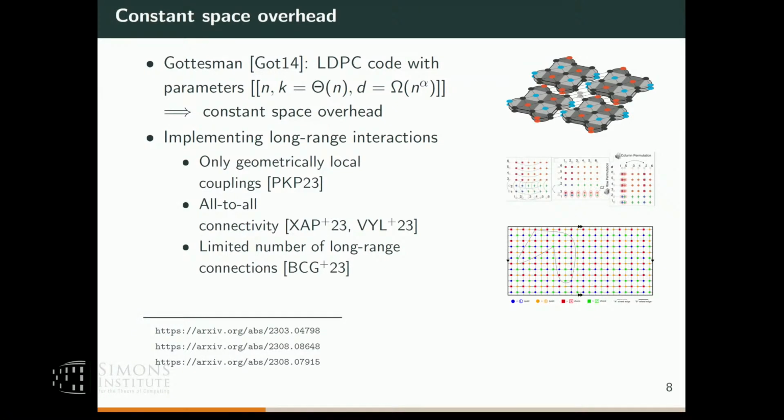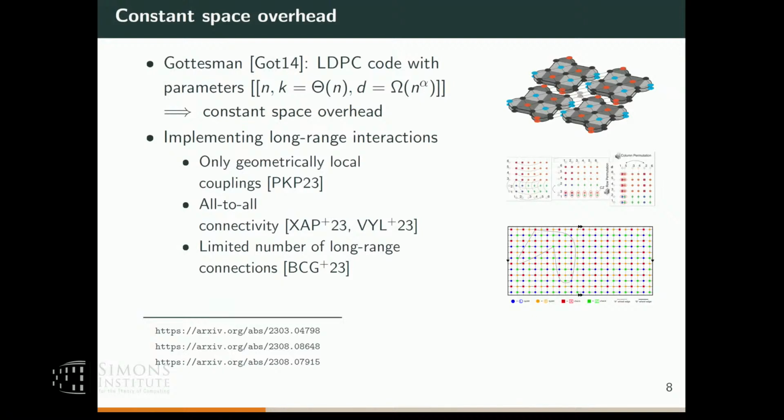But if you have a better scenario with all-to-all connectivity, such as when you can move atoms around, then there are also proposals for how you might measure stabilizers in these LDPC codes. And if you can have a limited number of long-range connections, that was also described in yesterday's talk by Ted.